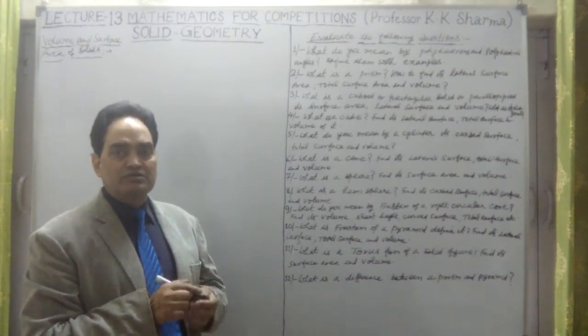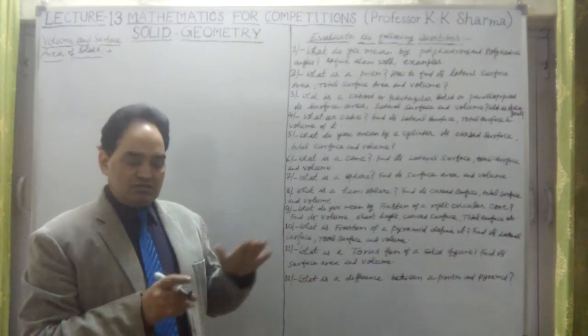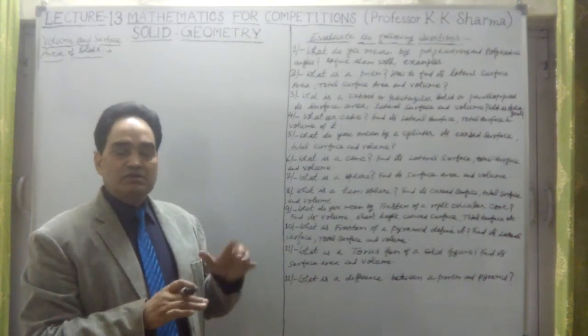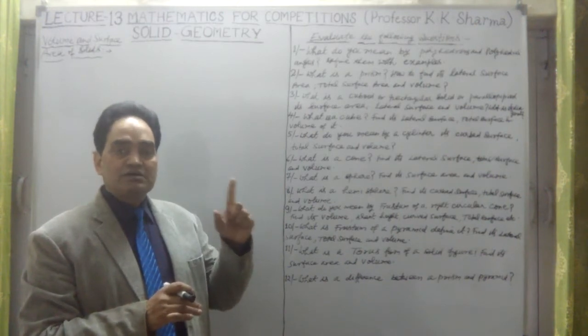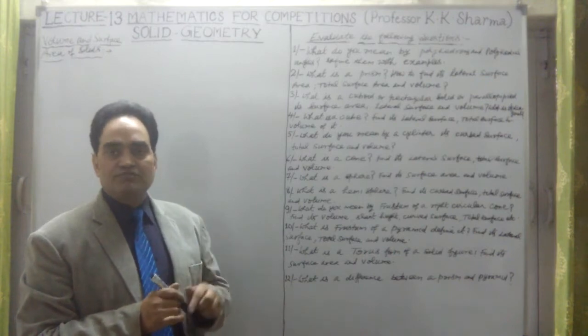That means solid geometry. Now a solid figure means when it has length and breadth on the plane, and simultaneously it has height. So length, breadth and height is known as a three-dimensional figure.